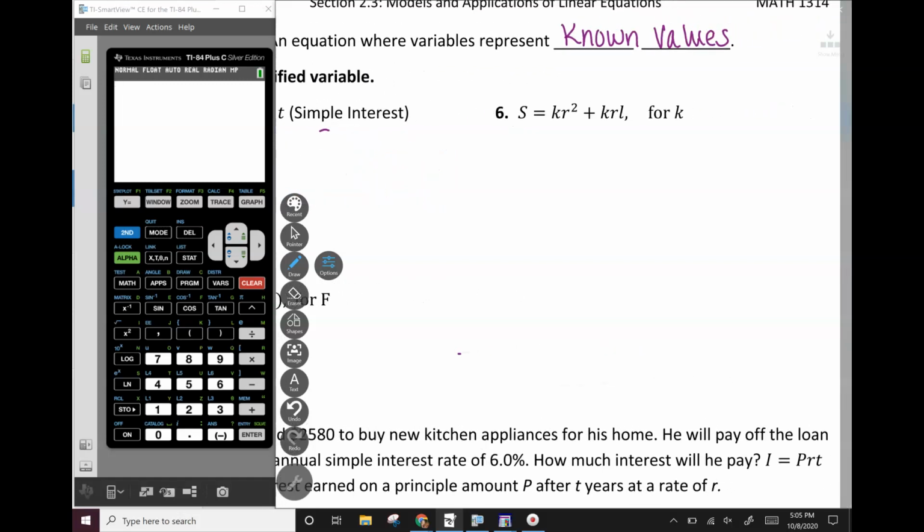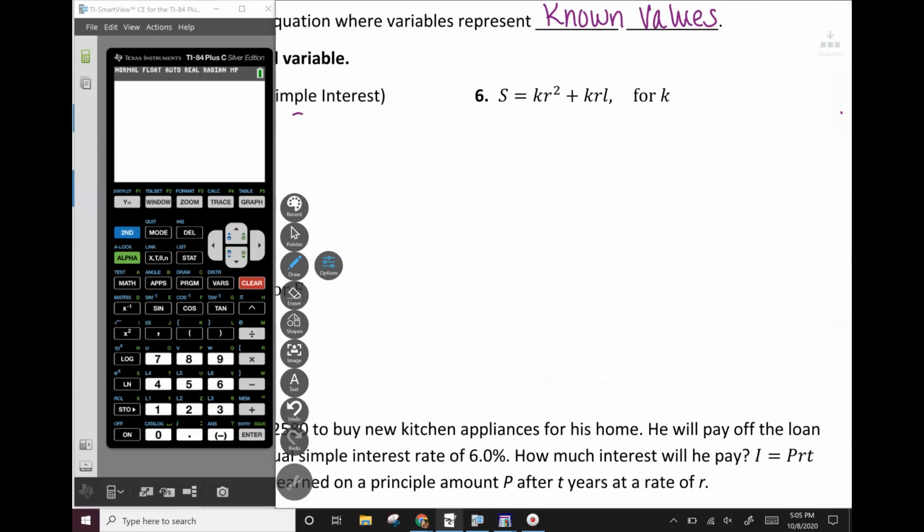All right, let's try number 6. Okay, on this one we want to solve for K. Notice there are 2 K's in this formula. So how can we solve for K? What you'll need to do if the variable is present more than once is factor it out.